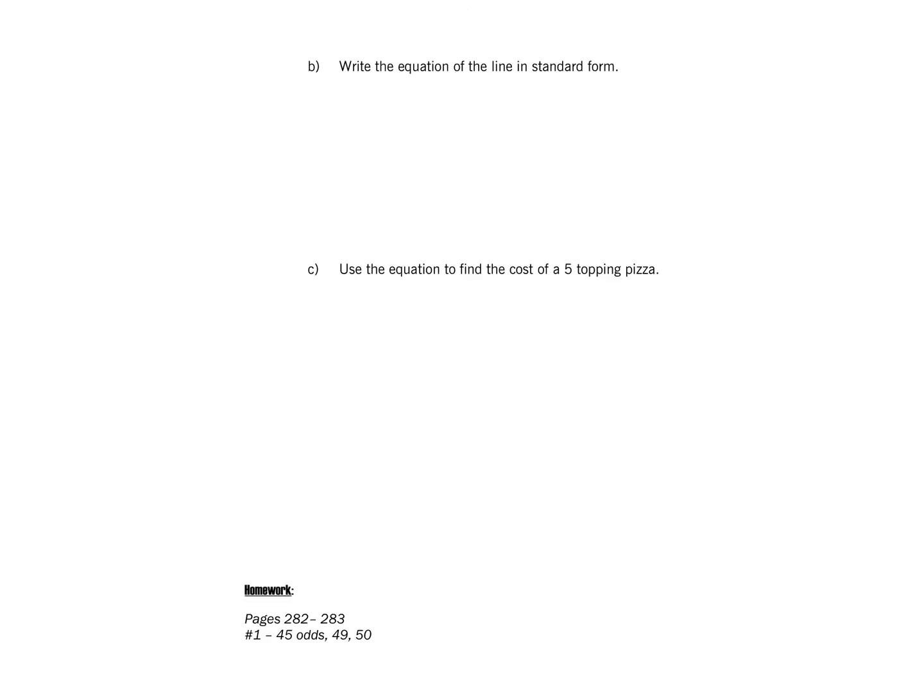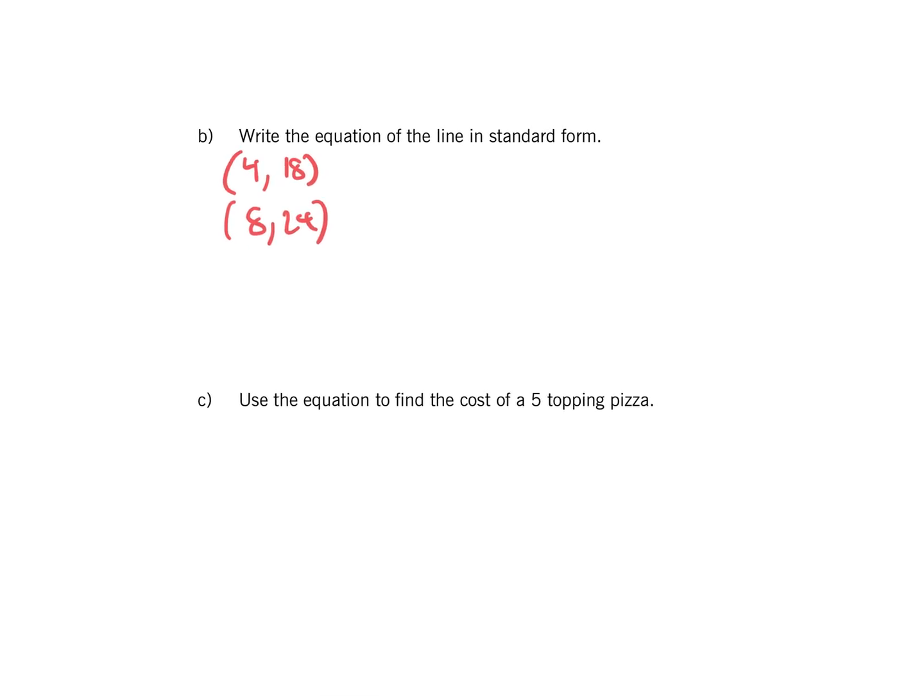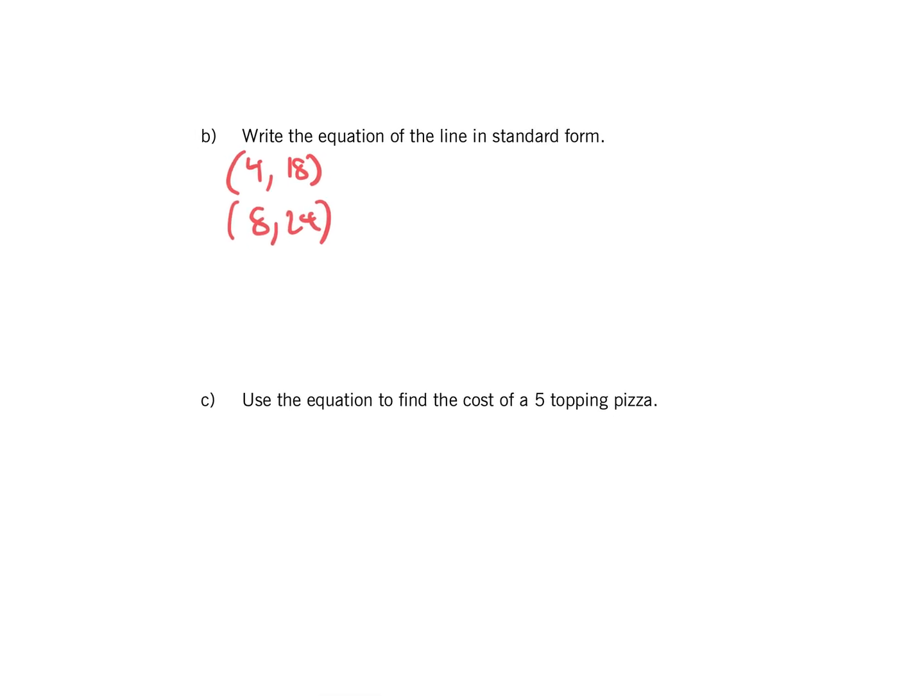Well, part B is, what's the equation of the line in standard form? Okay, well, what are our points? Our points are 4 and 18 and 8 and 24. Yep. So let's find our slope.